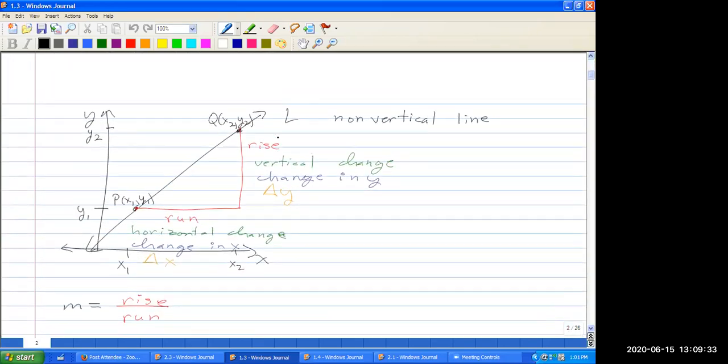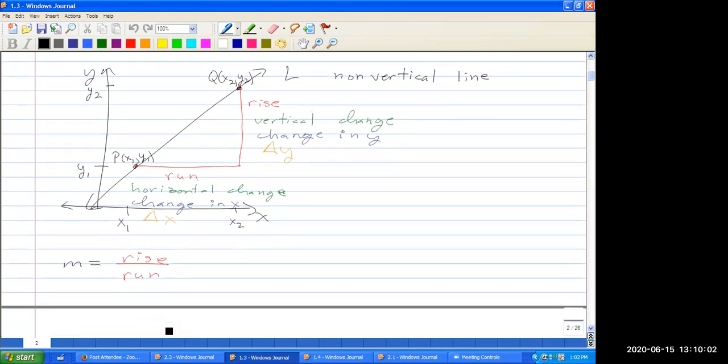So let me recall terminology and some notation for the slope of a line. Again, let L be some non-vertical line relative to some coordinate system. Then the slope of the line is just the rise over the run.